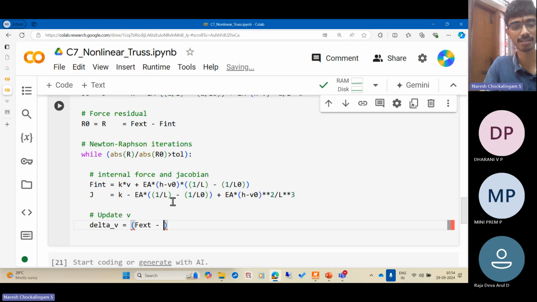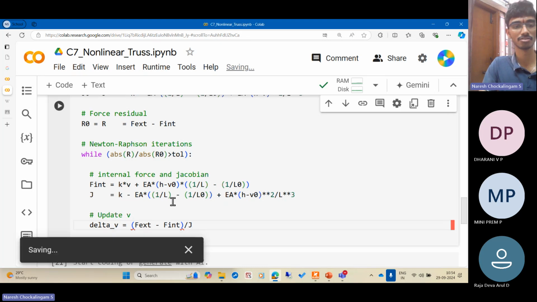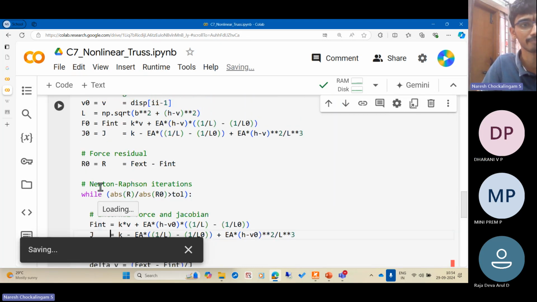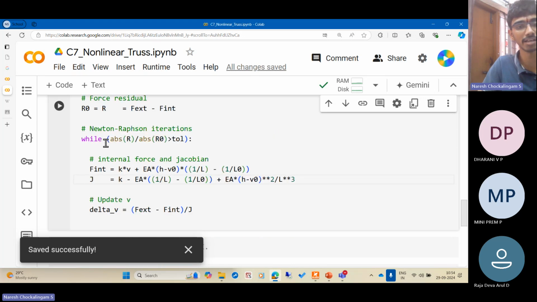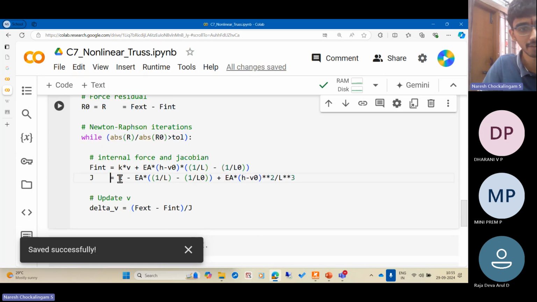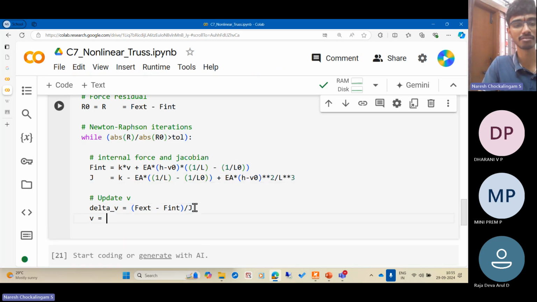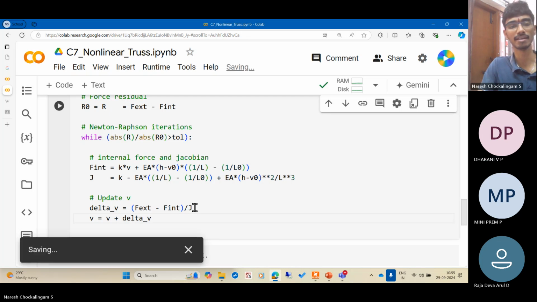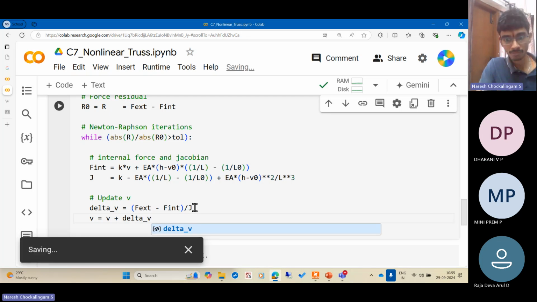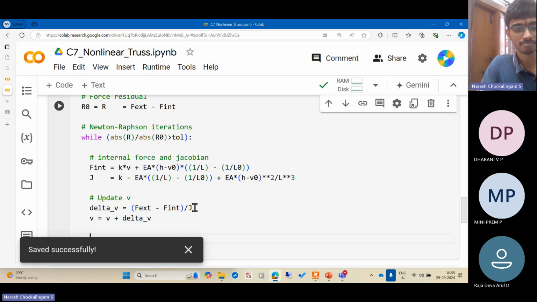So F external minus F internal divided by J. Note this J is actually the derivative of F internal, not R. If the derivative of R is appearing, you need a minus sign. It's the derivative of F internal, so there's no minus sign. Okay. So then update V: V is equal to V plus delta V.